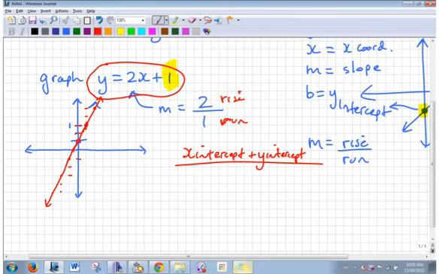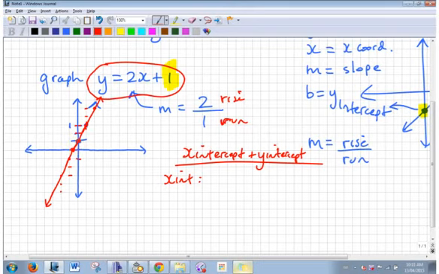Okay? So, what happens at the x-intercept? What is an x-intercept? That's where it crosses the x-axis, right? This guy crosses it right there. What do you know about the y-coordinate right there at the x-intercept?